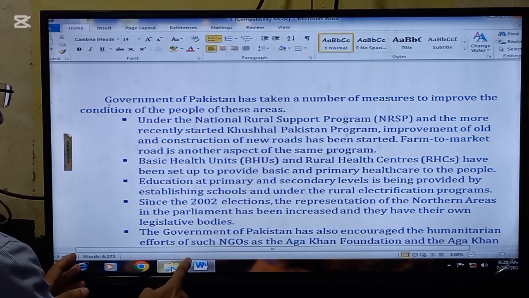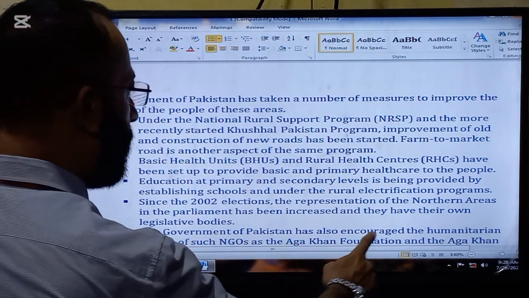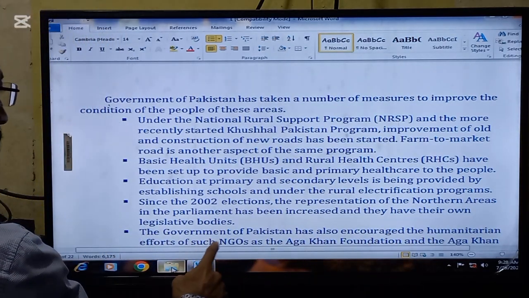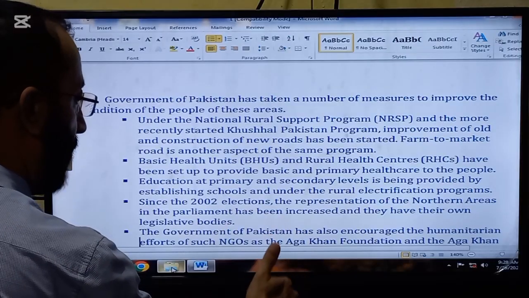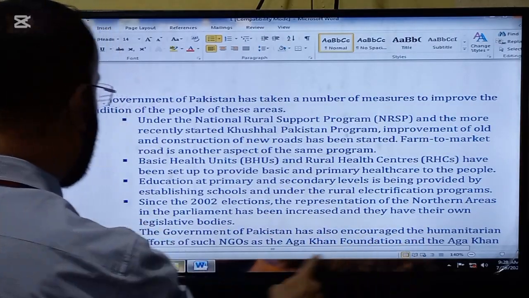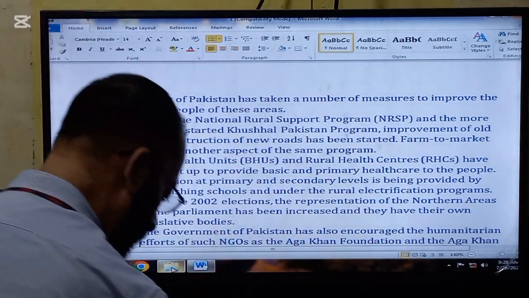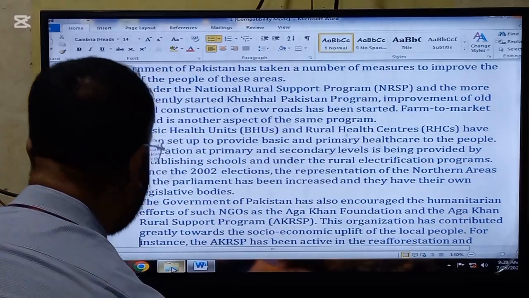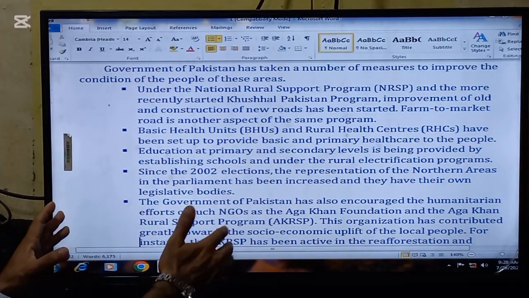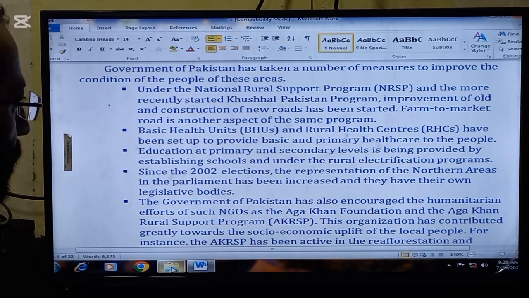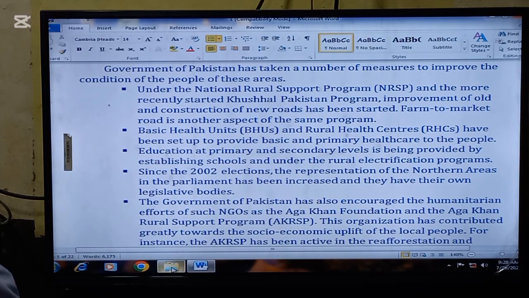Since the 2002 elections, the representation of the northern areas in parliament has been increased, a very remarkable step, and they have their own legislative bodies because the people belonging to those areas understand the problems of their people more comprehensively. So this is a very good step taken by the government.